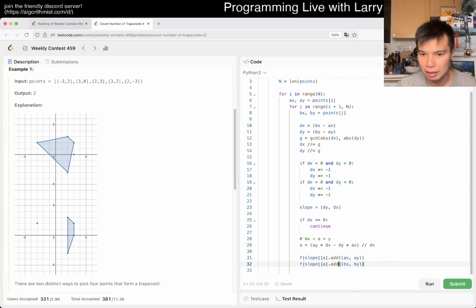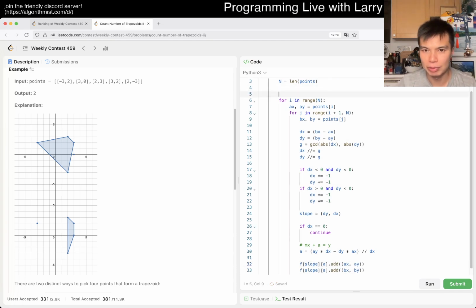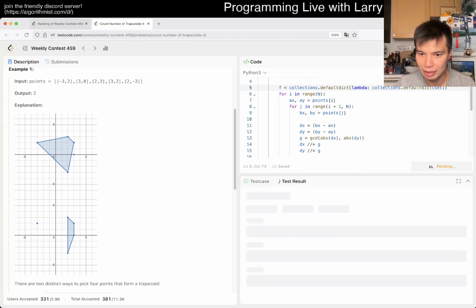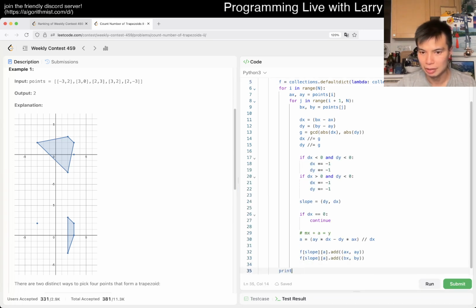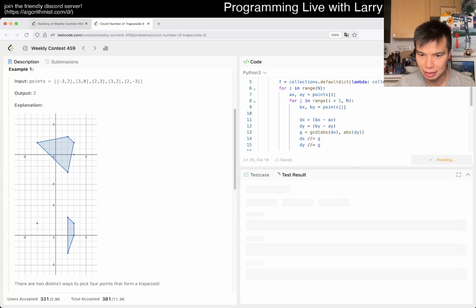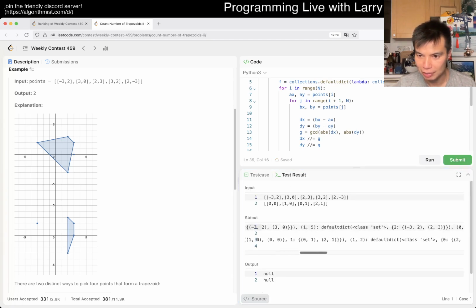So now what we want is f dot, for every slope, we have a set. So something like that, right? Run it real quick. Okay, it doesn't crash, which is what I wanted. Can even print it out for funsies. Okay, it's very crazy looking, but should be fine.